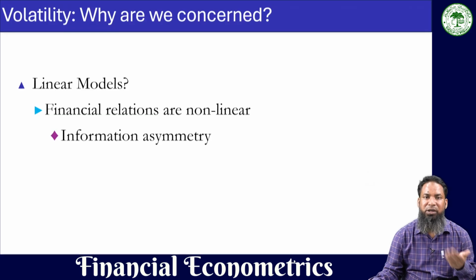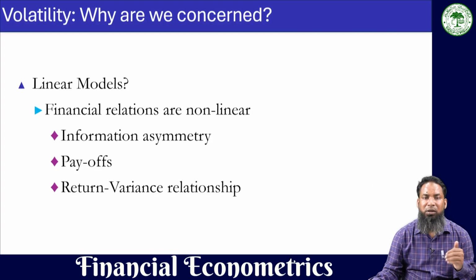When we have asymmetric information, this quite often leads to non-linear relationships, or payouts of dividends. That also creates non-linear relationships among financial variables, or for example the return variance relationship. So these are certain features which make financial relations inherently non-linear in nature. However, the models which we have studied assume that the relationship is linear.